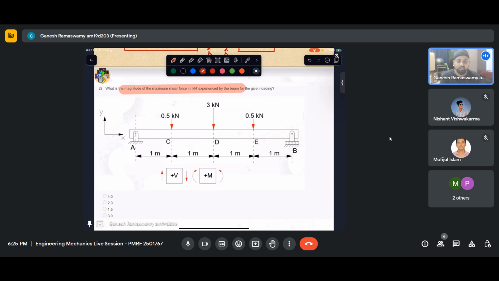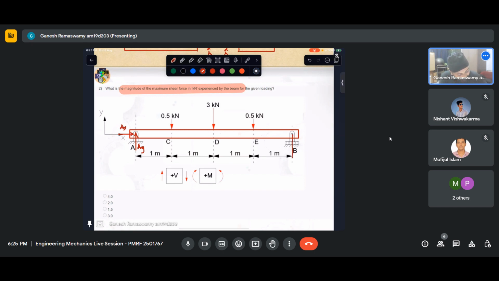Okay, so let me first draw the free body diagram for this. I have put the beam. I'll replace this support by AY, and then I have a force like that, which I label as AX.